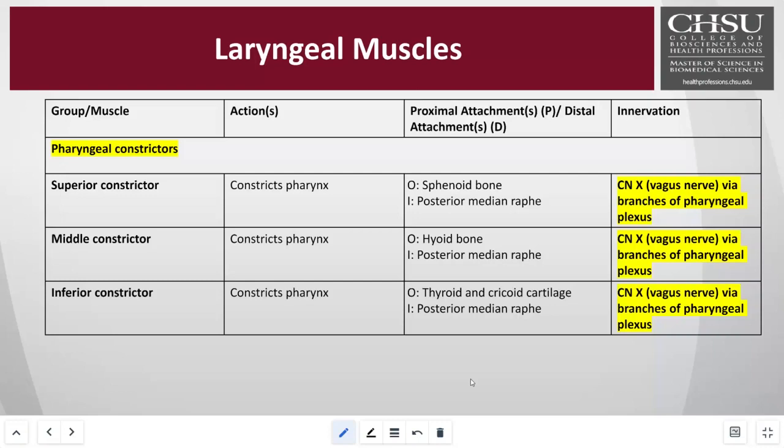They all squeeze down on the pharynx to compress the oropharynx region, nasopharynx region, or the laryngopharynx region. I also said that the origins and insertions are so hard to decipher that you shouldn't stress out about them, but you do need to know the nerve supply. Fortunately they're all overlapping with the vagus nerve and the pharyngeal plexus. So I think that's fairly straightforward, right? It's not too bad.